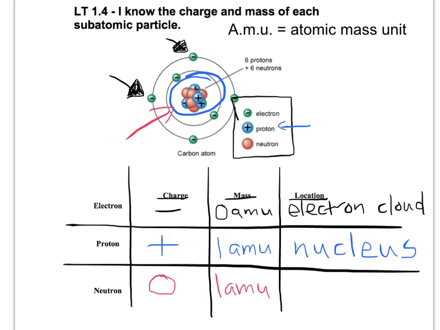And 1 atomic mass unit is awfully tiny. We're talking about on the order of 10 to the negative 24 grams for an atomic mass unit.